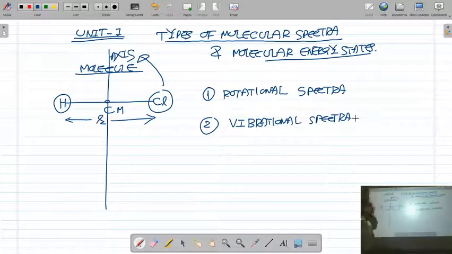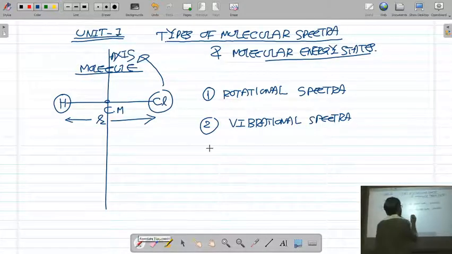As I told you, due to the rotational motion of the molecule about the axis of rotation, the rotational energy level is going to change. As a result, we get rotational spectra. Then due to the vibrational motion of the molecule, the vibrational energy level is going to change. As a result, we get vibrational spectra.